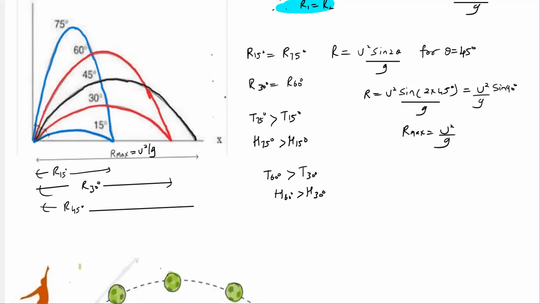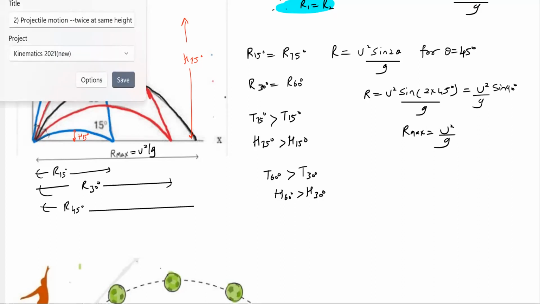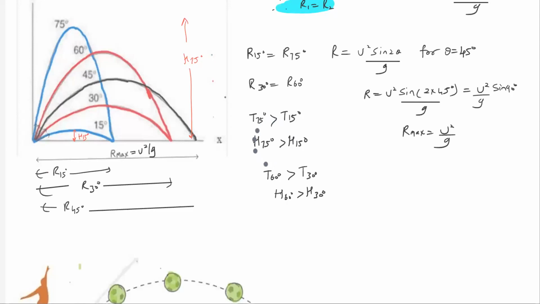You can check it here, and you can compare things like this. For complementary angles, the range will be the same, and the time of flight and the maximum height will be different. That's one basic idea. Okay, we'll go for the next topic.